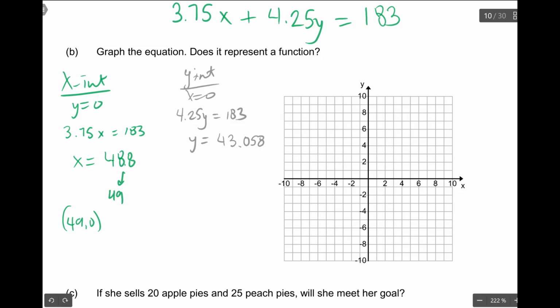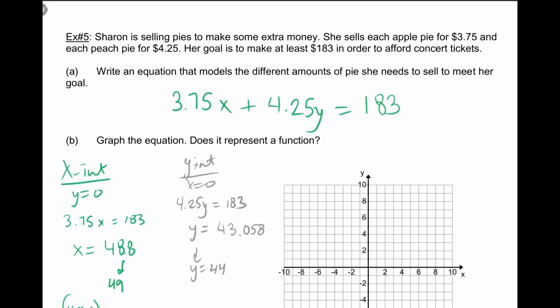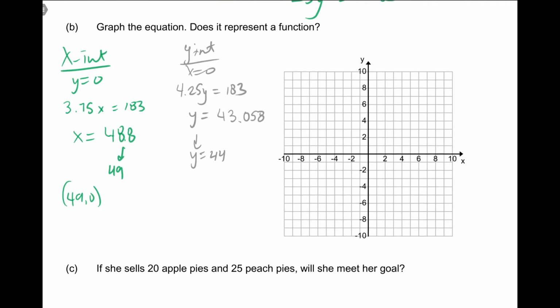So if she sells 43, it won't be quite enough. She needs to actually sell 44 in order to make her money. So say y is equal to 44, because don't forget, if she only sells 43, that's not quite enough money. This is assuming she sells 0 apple, and this is all peaches. So here, this is (0, 44).